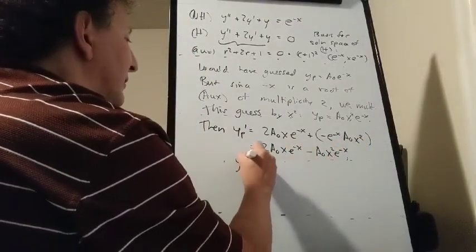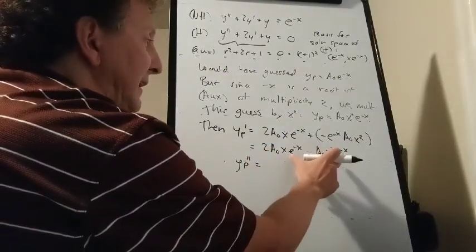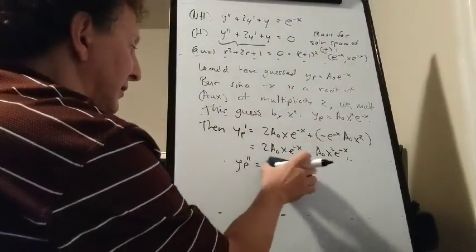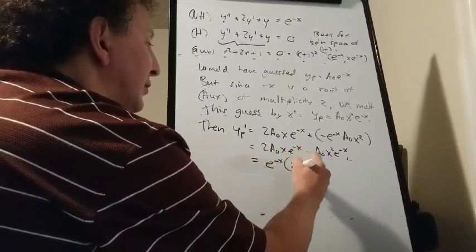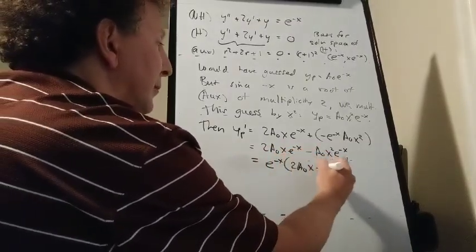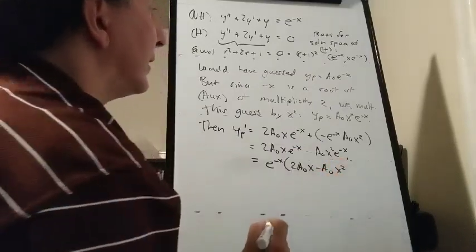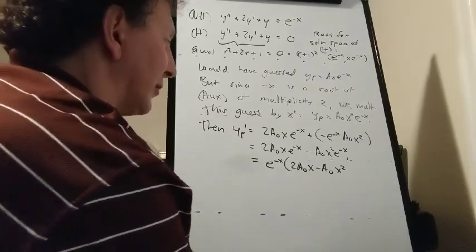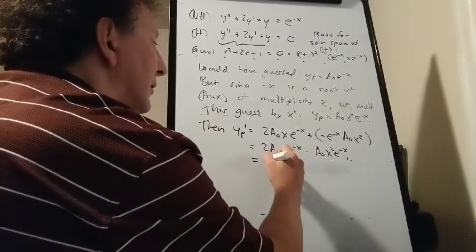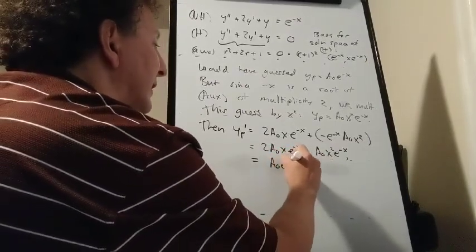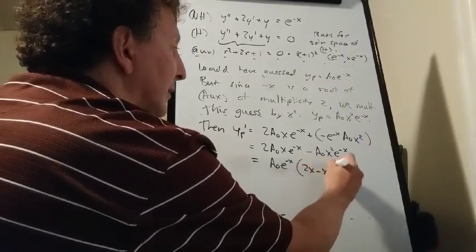And the second derivative is, actually let's factor out an e to the negative x to make the second derivative easier to compute. So this is e to the negative x times 2a naught x minus a naught x squared. Actually, I guess we can factor an a naught out also. So a naught e to the negative x times 2x minus x squared.